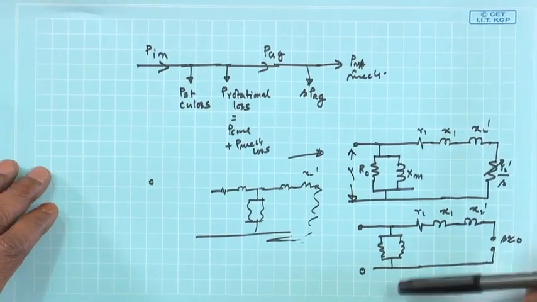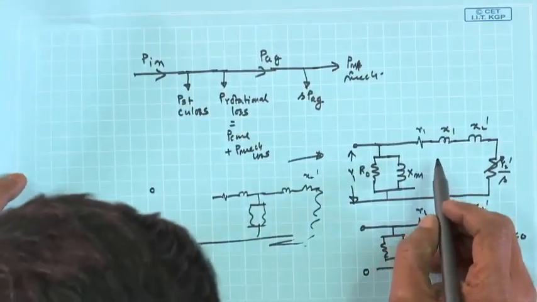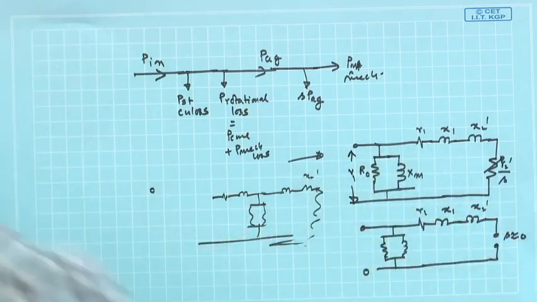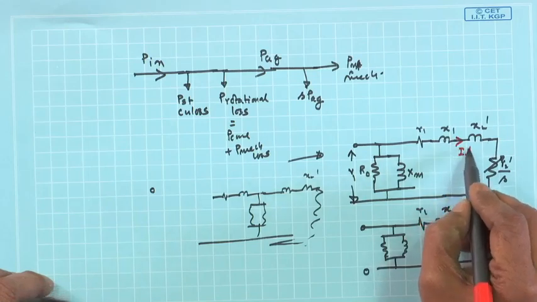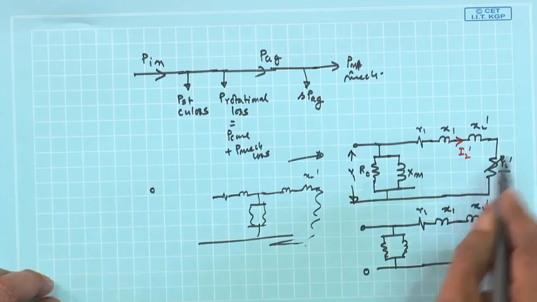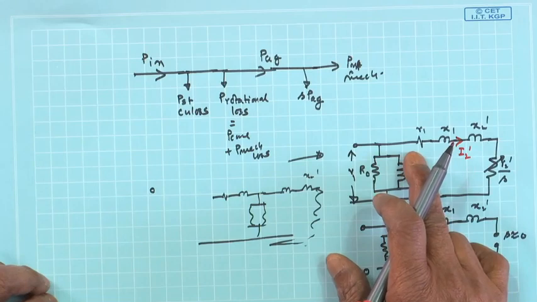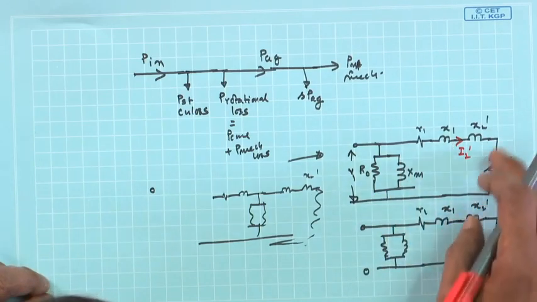Okay. And so far as this equivalent circuit is concerned, this will be your I 2 dashed, and here these parameters are fixed, one resistance is varying. In fact, the R 1 can also be neglected, as if this resistance will be varying.